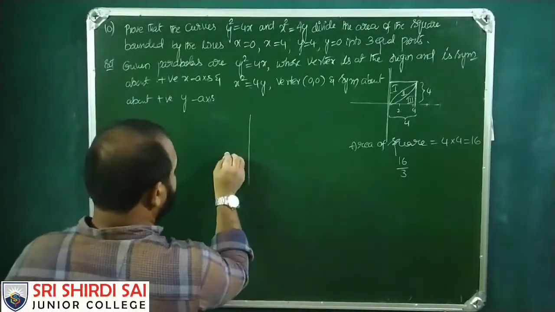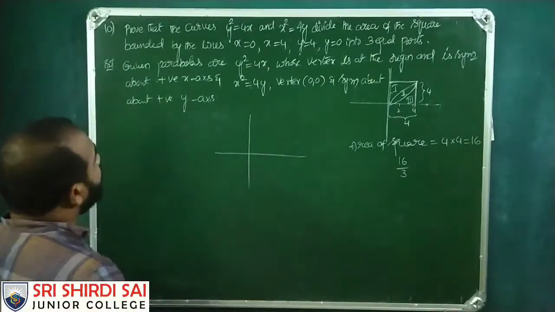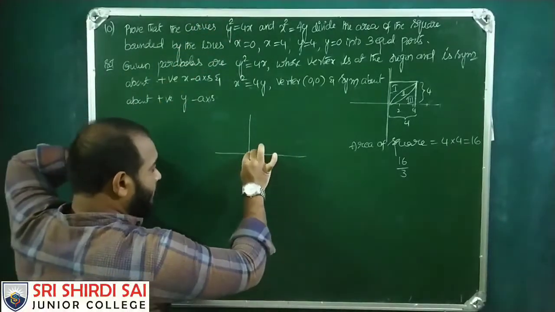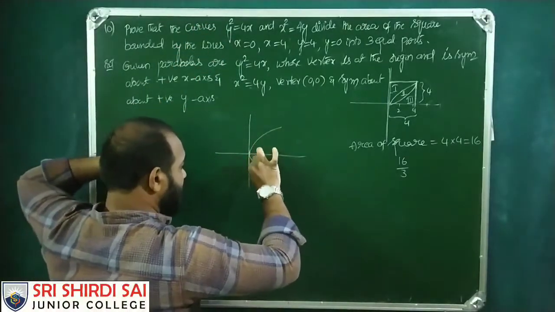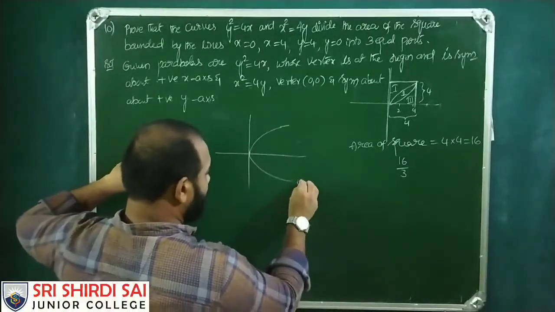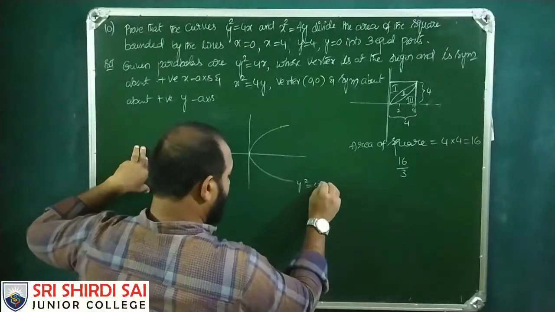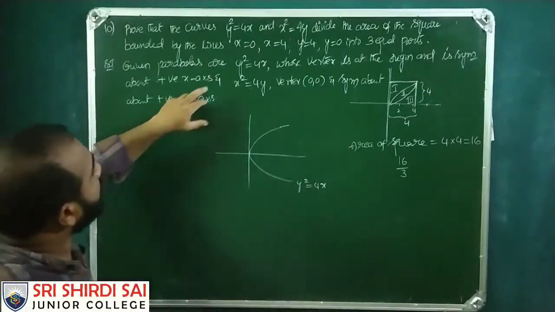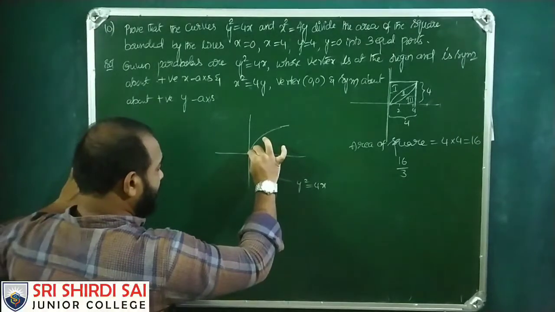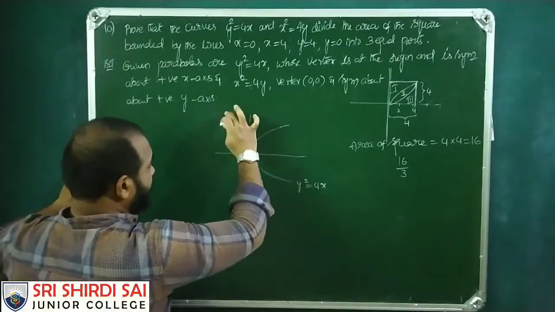That is the rough diagram. So now this is y square equals to 4x, y power even, symmetric about x-axis, positive x-axis. Therefore this is the y square equals to 4x. Now x square equals to 4y, x power even, symmetric about y-axis, positive y-axis, right?